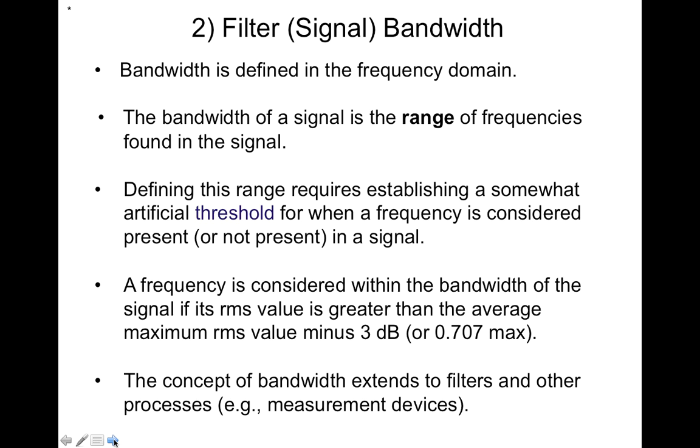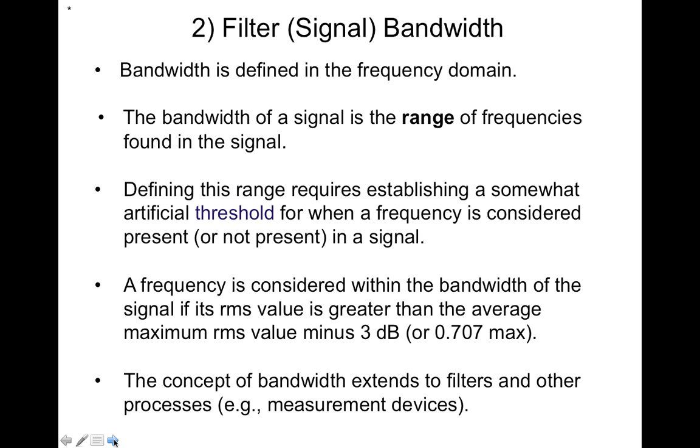So you convert ratios like 0.707 to dB by taking 20 times the log of the ratio of output over input. So 0.707 in output over input would be equivalent to 3 dB. A gain of 1 would be equivalent to a gain of 0 dB. So if you drop more than 3 dB, you're not considered to be in the bandwidth any longer.